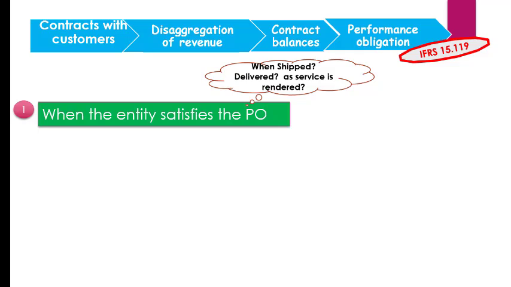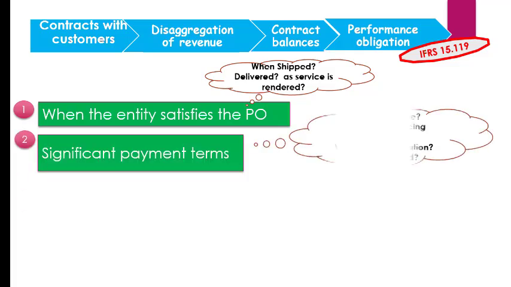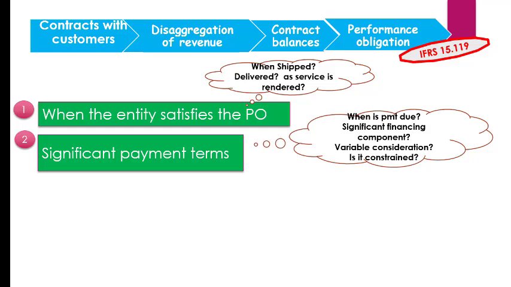The significant payment terms: when payment is typically due, whether the contract has a significant finance component, whether the consideration amount is variable, whether the estimate of variable consideration is typically constrained, and more information about constrained variable considerations is given in paragraphs 56 to 58.